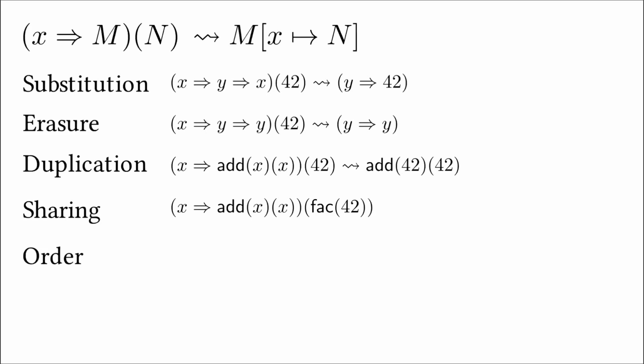If the left side of an application is not yet a function, then the value is not substituted. We actually have to wait until the left side of the application becomes a function, and only then can the n be substituted into the x. It's a bit confusing, but we will see why this is relevant later.